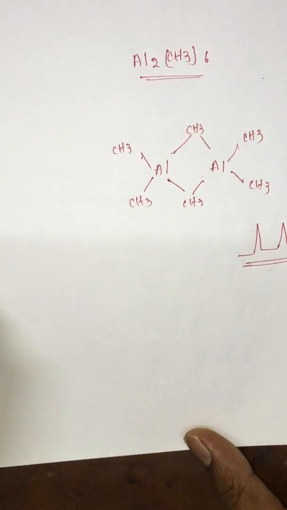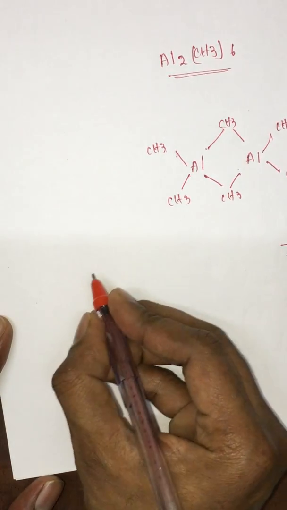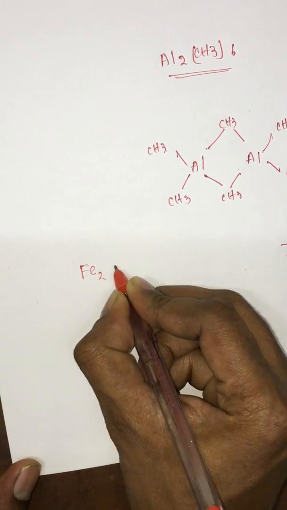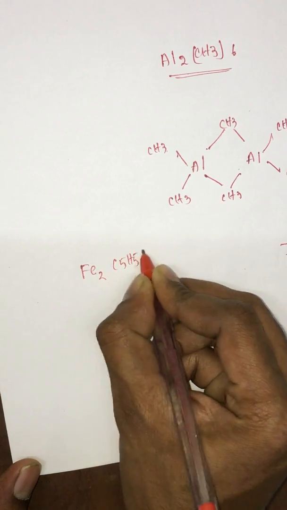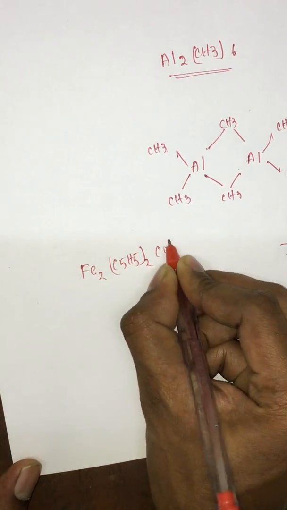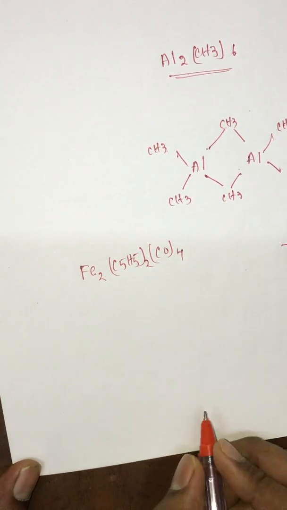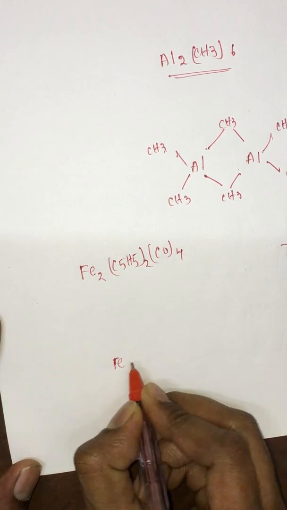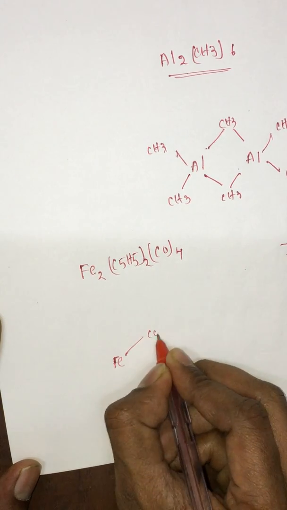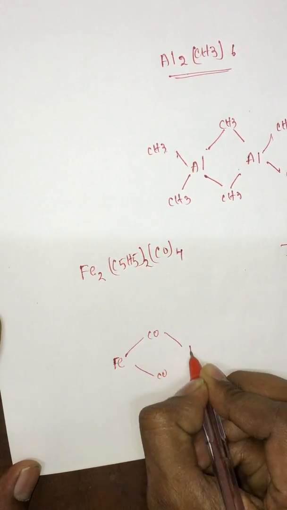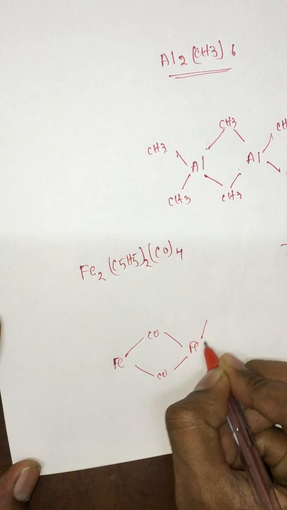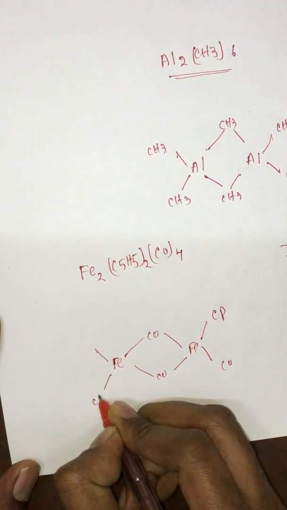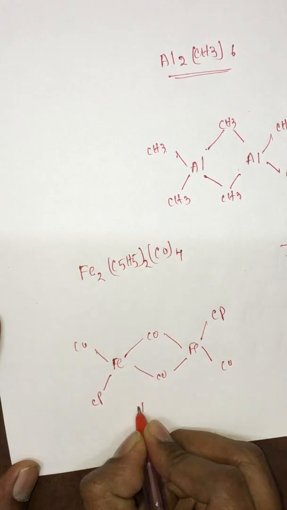And one last example we have here, that is Fe2(C5H5)2(CO)4. So this exists in two forms, cis form as well as trans form. So cis form looks like this, Fe, this is Cp CO, Cp CO, this is trans form.